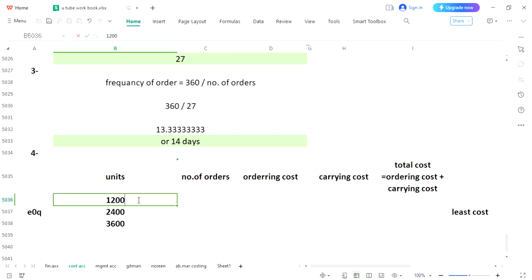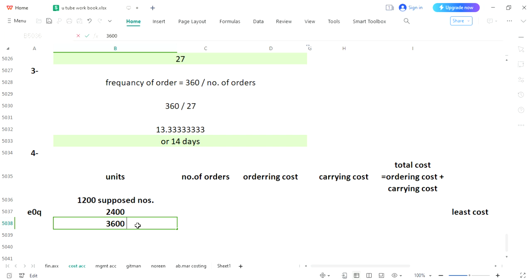I should mention over here, supposed numbers, and 3600 is also supposed number of units, and this is economic order quantity units. Okay, so for 1200, 2400, 3600, we will calculate total cost, and we will prove it with 2400 your cost is at the lowest level.